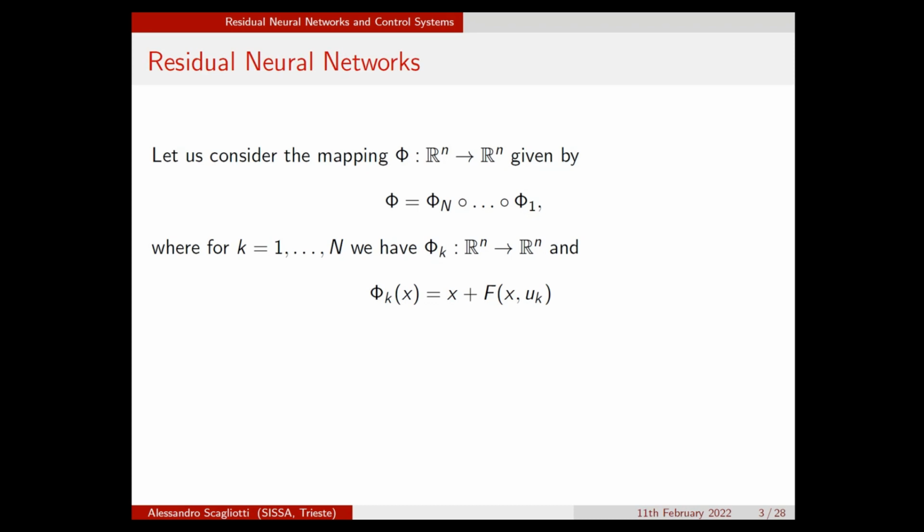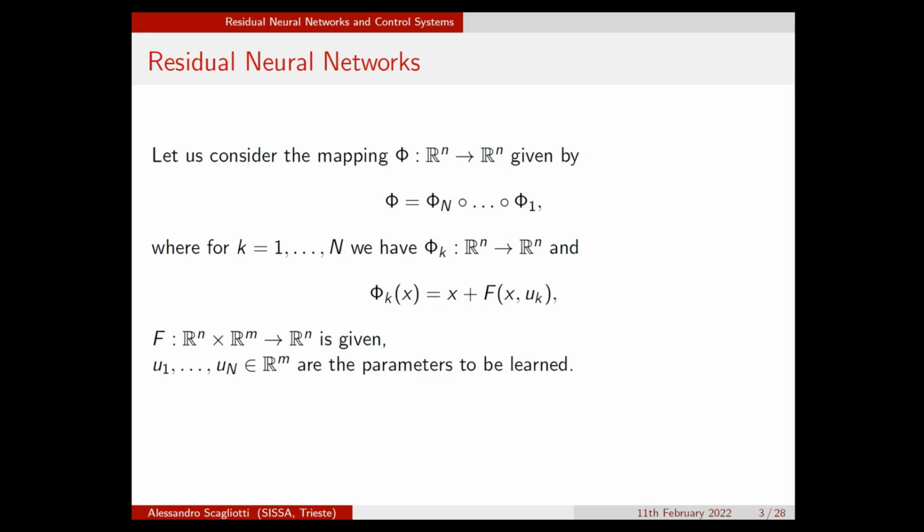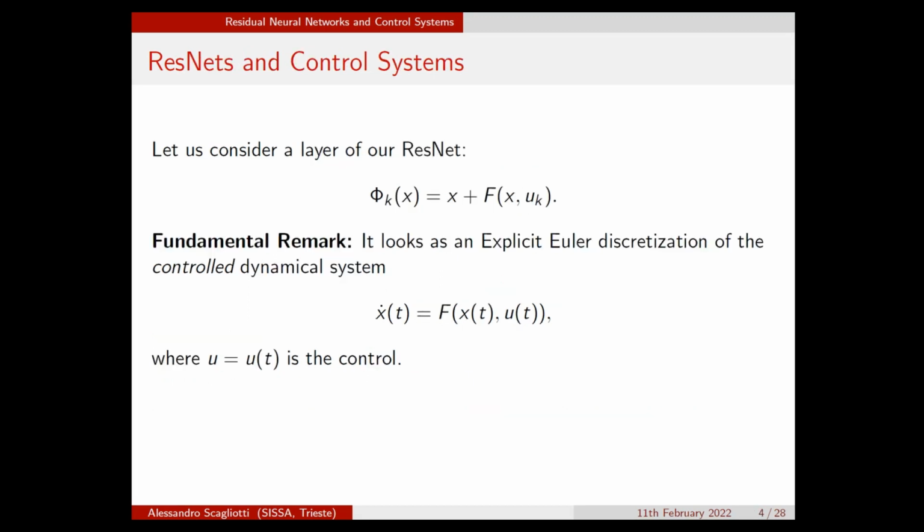Here the function capital F is assigned, and together with the number of the layers, capital N, is part of the network architecture, while the parameters u_1, ..., u_N should be properly set or learned during the training process. These kinds of architectures are called residual neural networks.